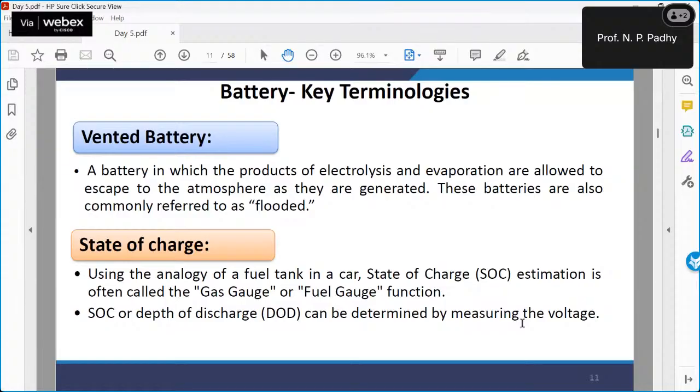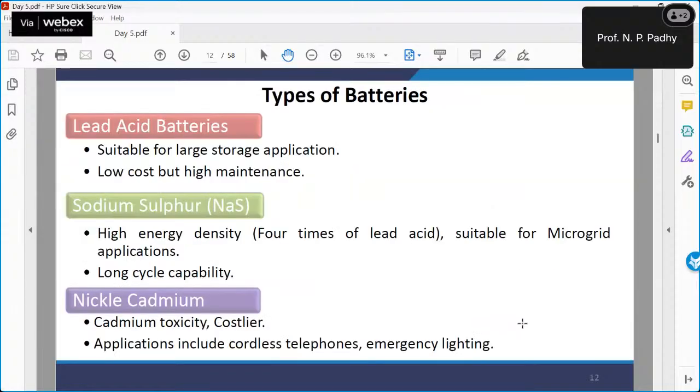SOC will be 1 minus DOD, we'll see slowly. It can be determined by measuring the voltages. Once again, I like to repeat that percent means the SOC is going to be, and the depth of discharge is going to be 25%.